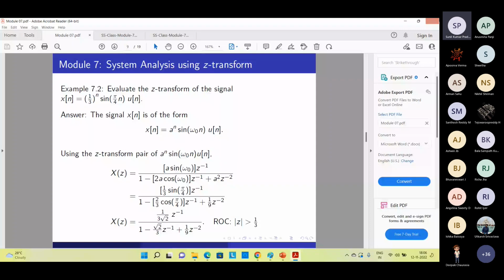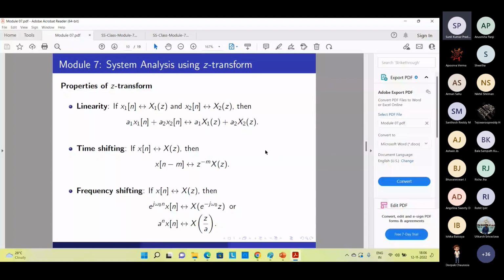Now let's discuss some of the properties of the Z transform. The first property is linearity.